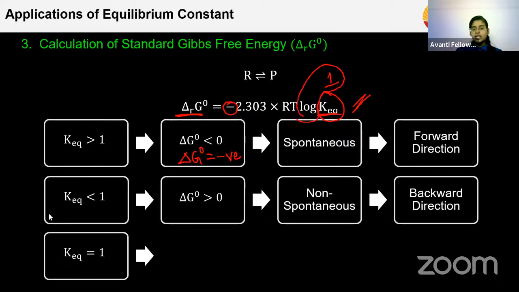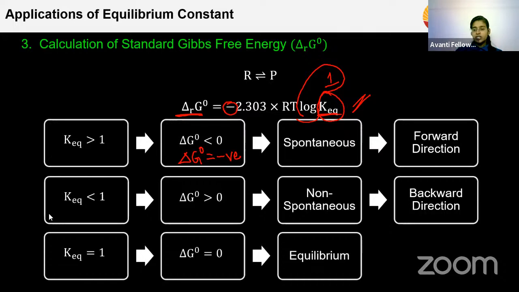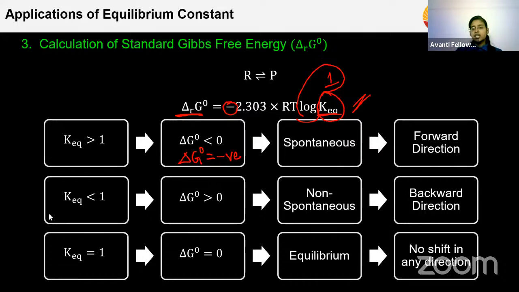So 0 into anything is 0. If delta G is 0, then the reaction is in equilibrium and there is no shift in any direction, forward or backward. It is in equilibrium. All right.